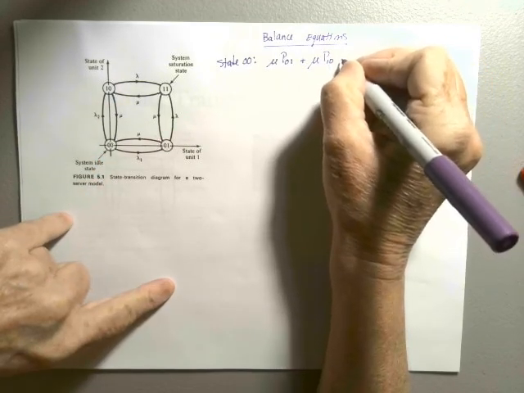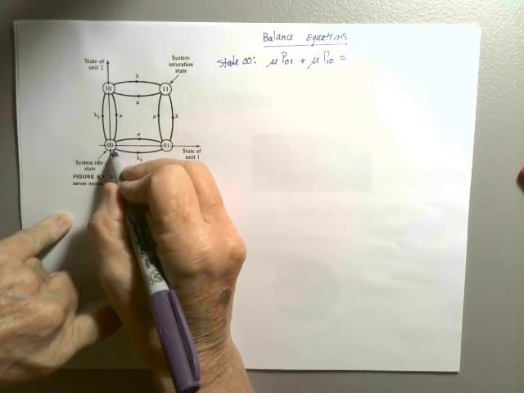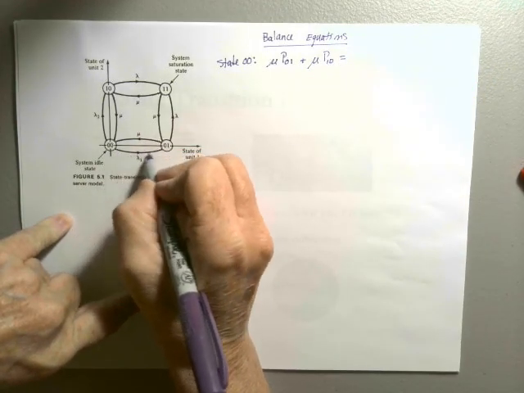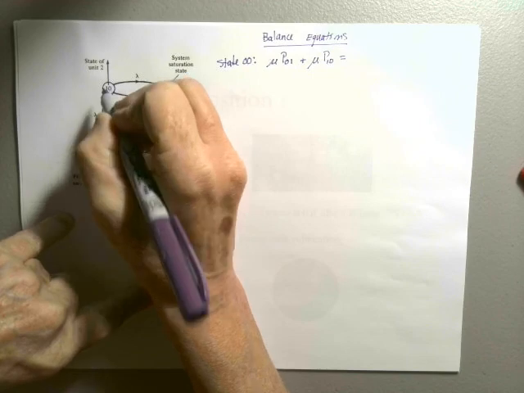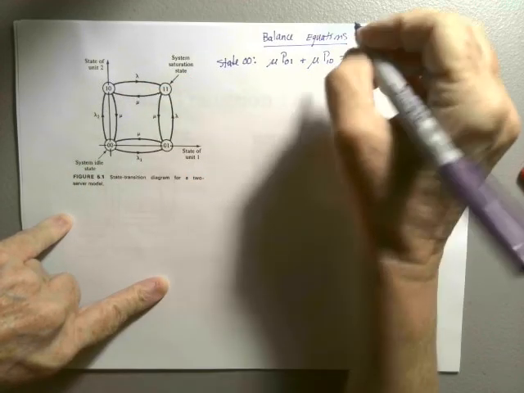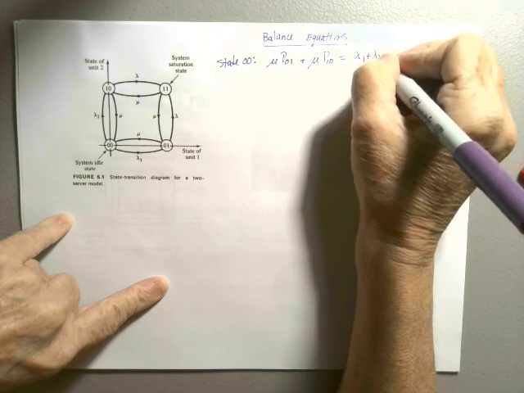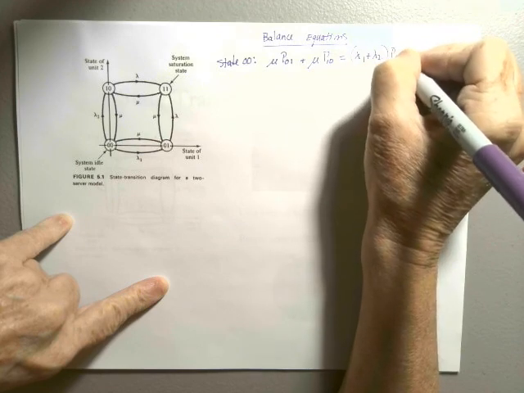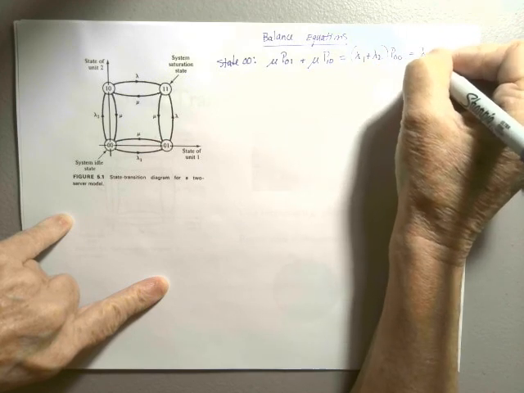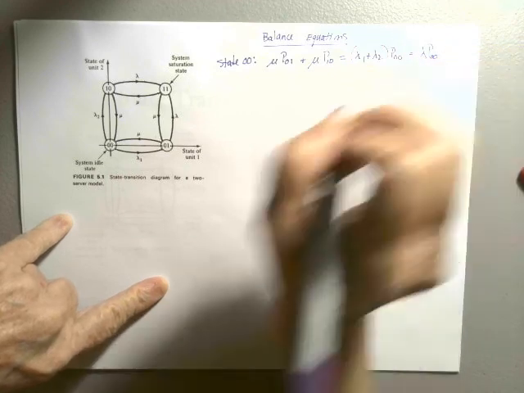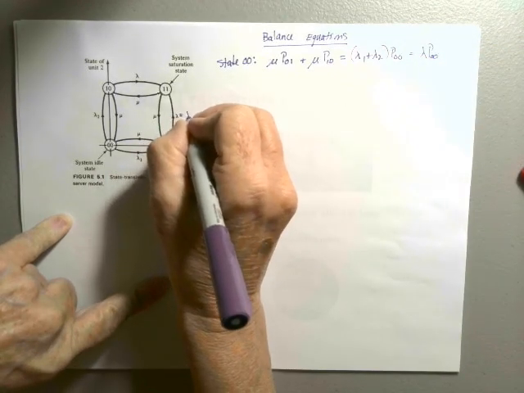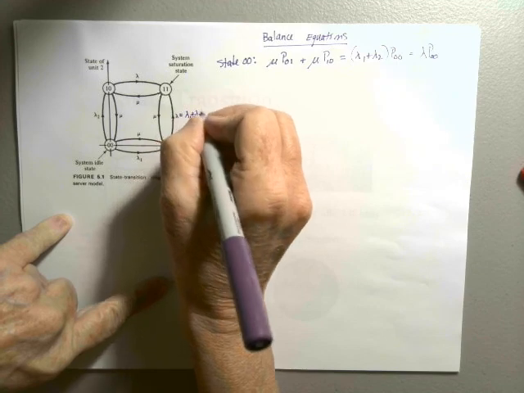And that is going to equal lambda 1 times p 0, 0 plus lambda 2 times p 0, 0. So we could write it as lambda 1 plus lambda 2 times p 0, 0, or you could just write it as lambda p 0, 0, because remember that each one of these lambdas is just lambda 1 plus lambda 2.